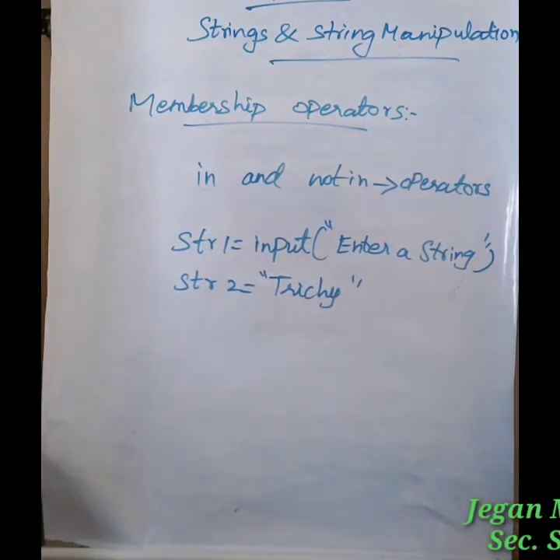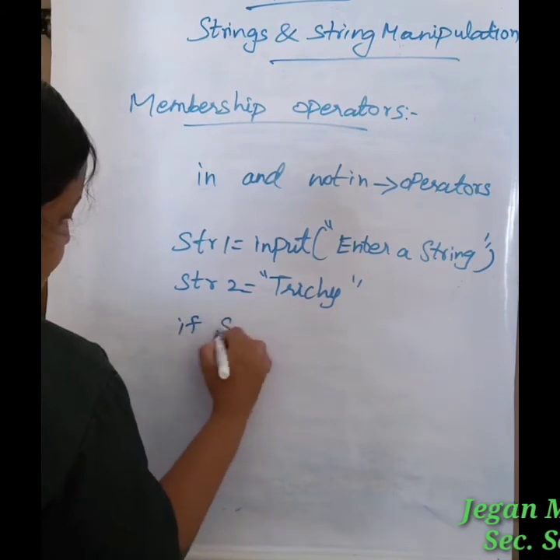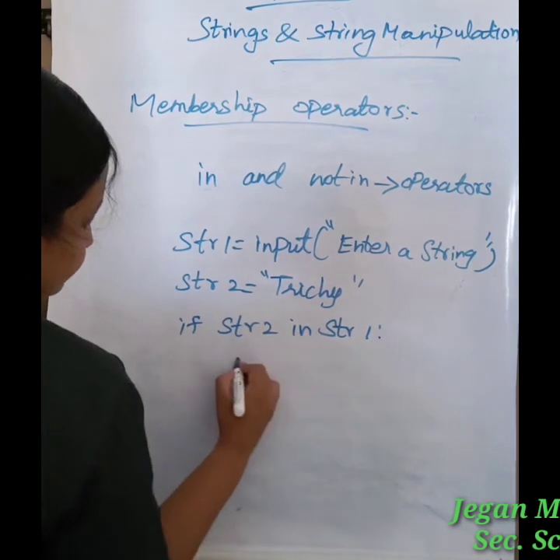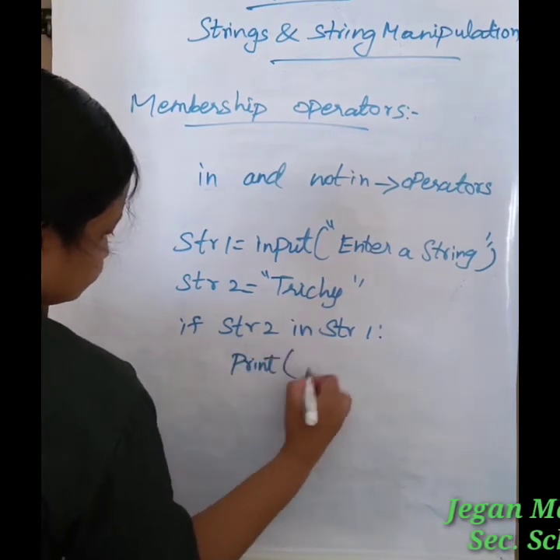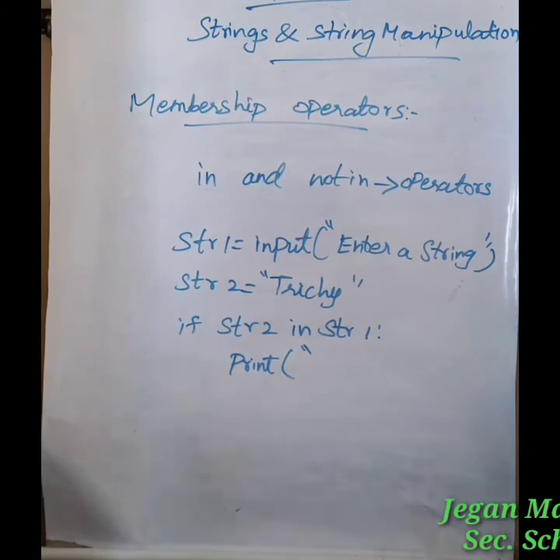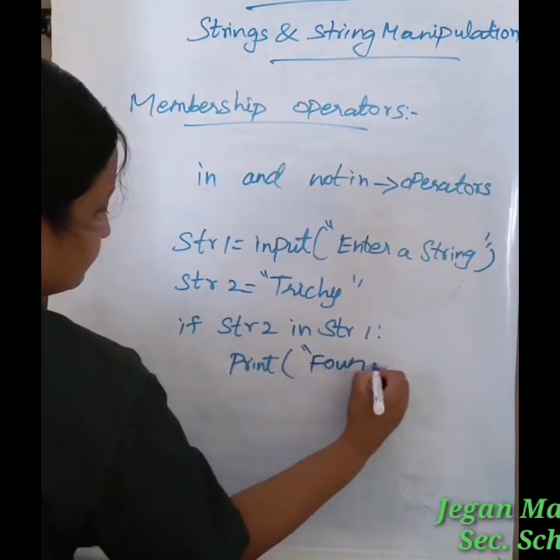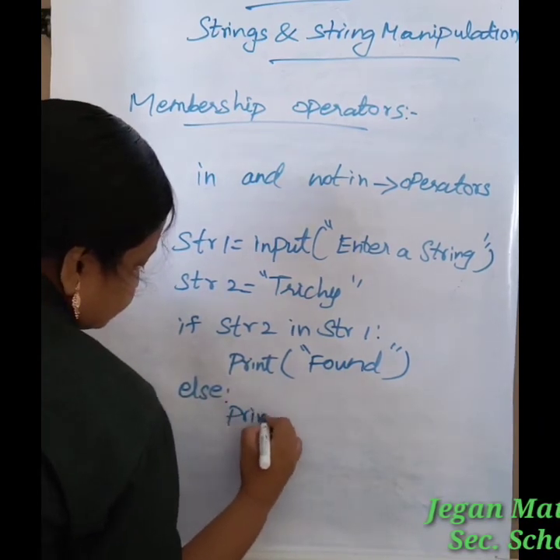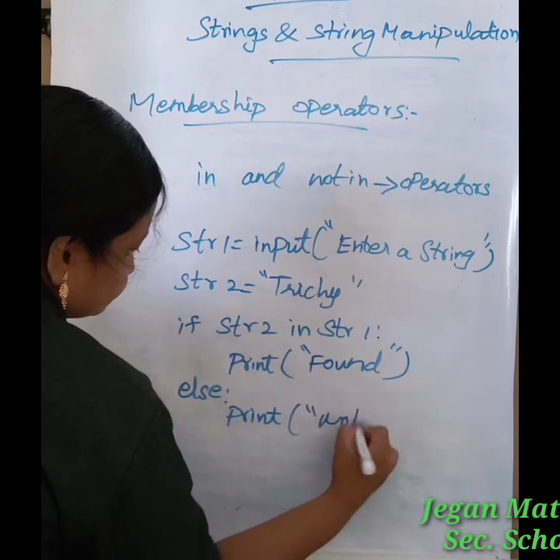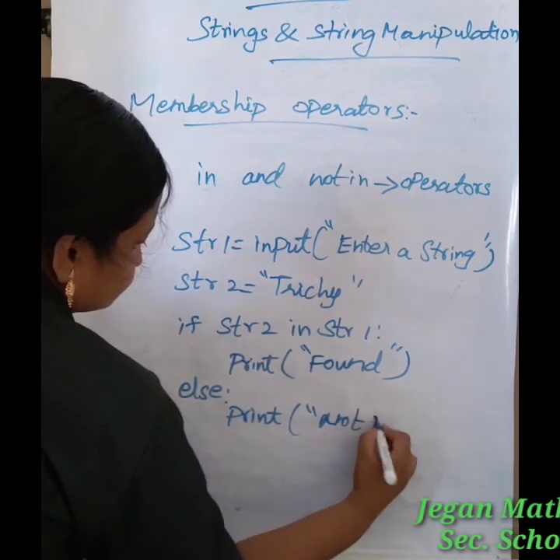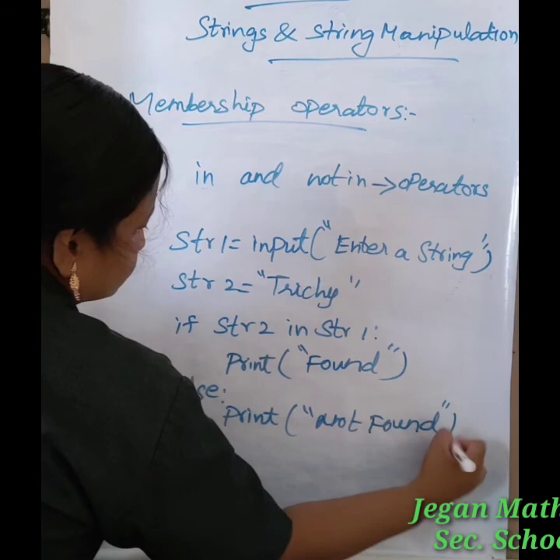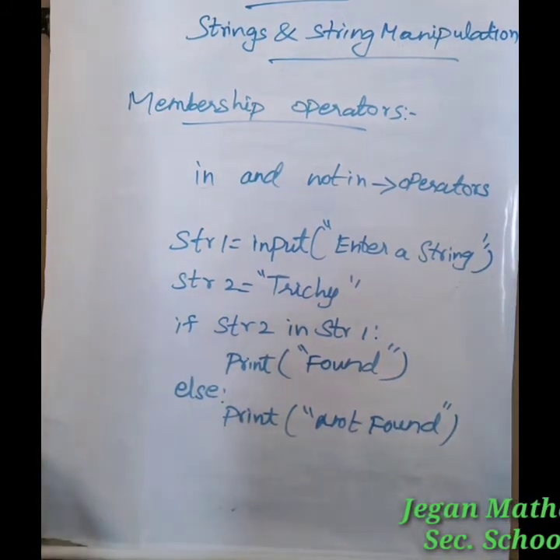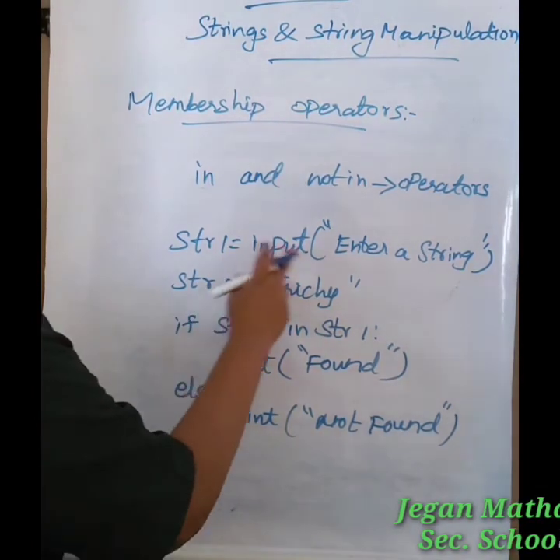And next step we used an if statement, if string 2 in string 1, print found, else print not found. So here in this program we are going to compare two strings. The first string is input, enter a string.